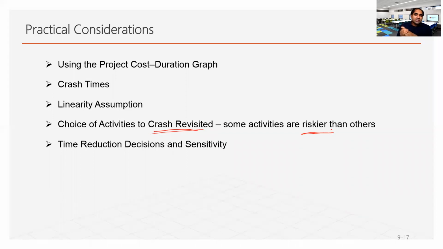Time reduction, decision, and sensitivity. These are some other factors that we should consider, not only money, but also the risk factor and sensitivity. Can we take that risk of crashing an activity and shortening the duration? If anything goes wrong, the entire project can be affected.